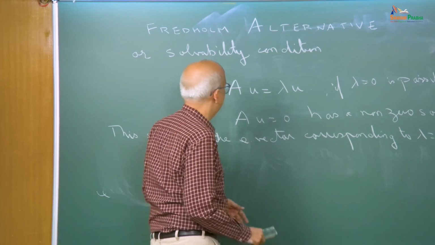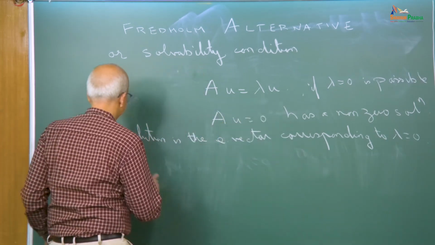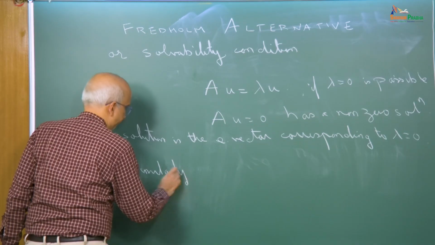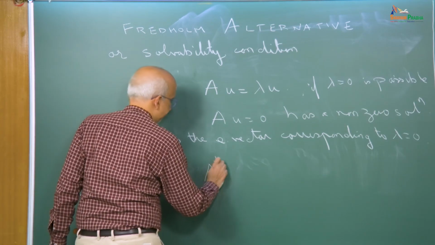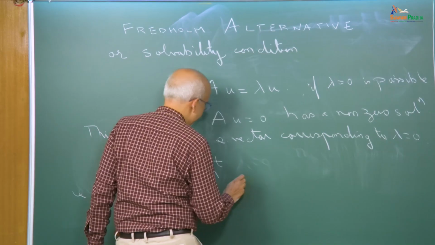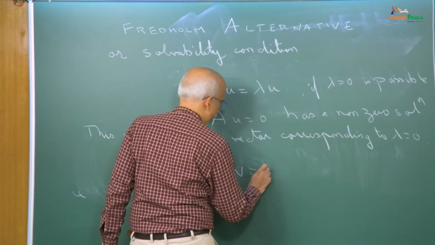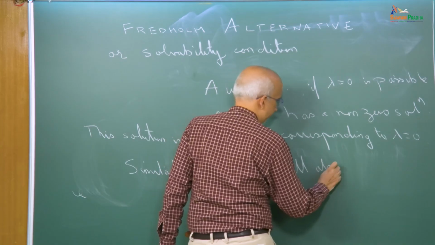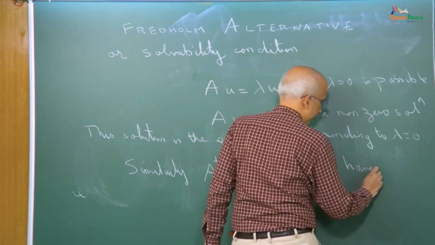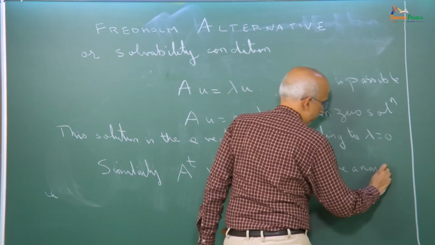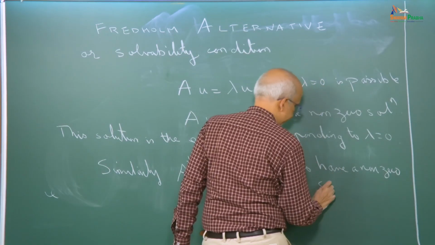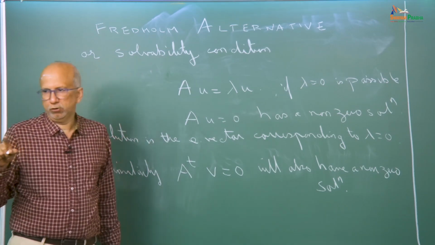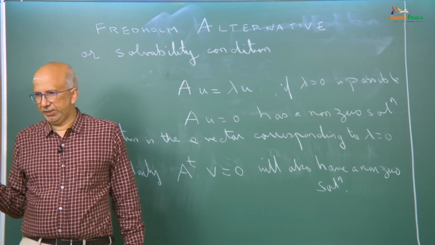So, now similarly, look at A transpose v equal to 0. This will also have a non-zero solution, because eigenvalue of A and eigenvalue of A transpose are equal.